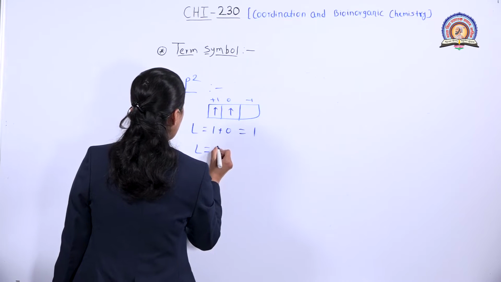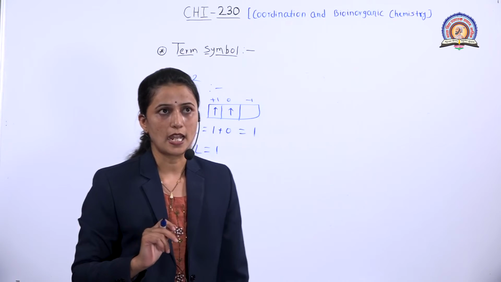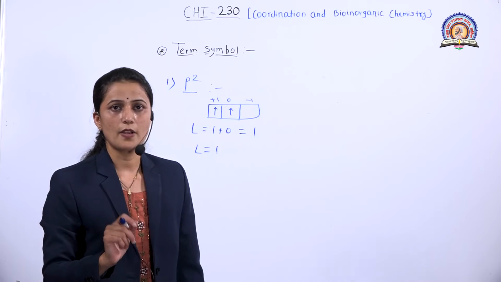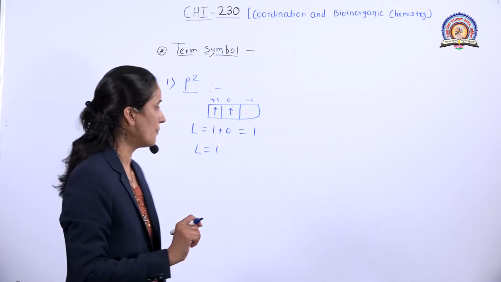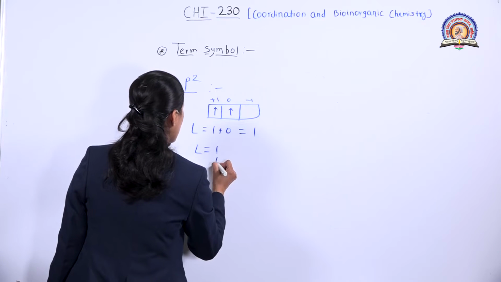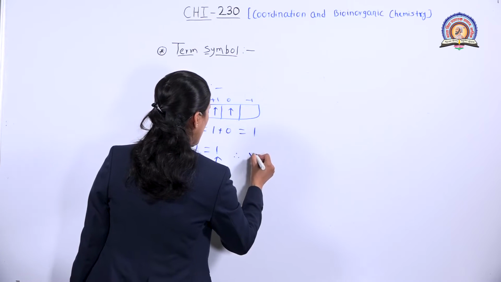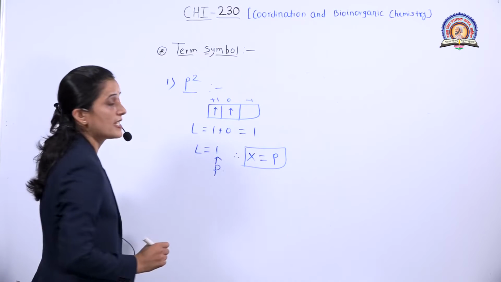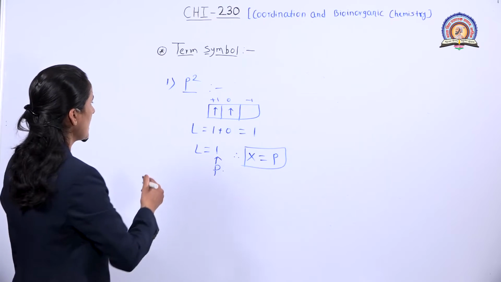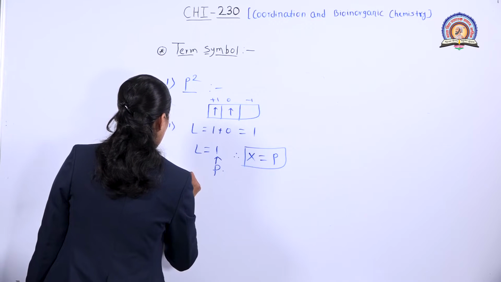So L value is 1, and as I just told you, the spectroscopic notation for L value 1 is P. Hence we can say X is equal to P. This is our term.